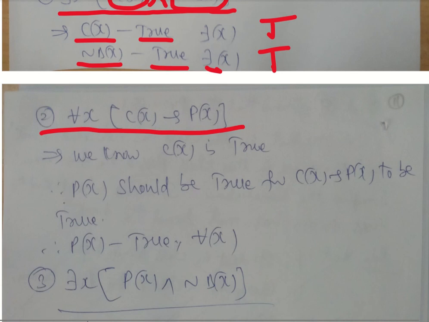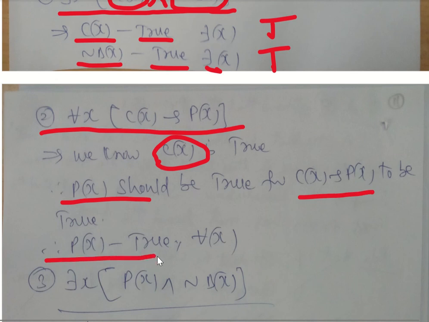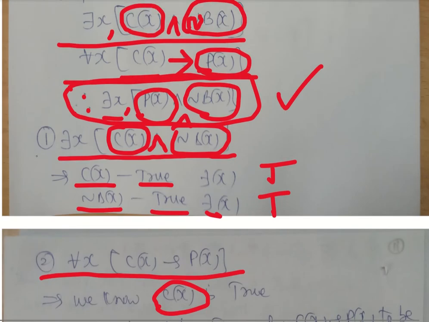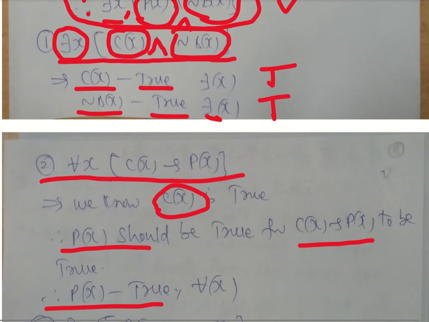Since C of x is already true, P of x should be true, because only when both are true will I get this implication as true. So thereby P of x is going to be true. So we got this now. This is for the there exists case. That is the first one. Second one is for all x.